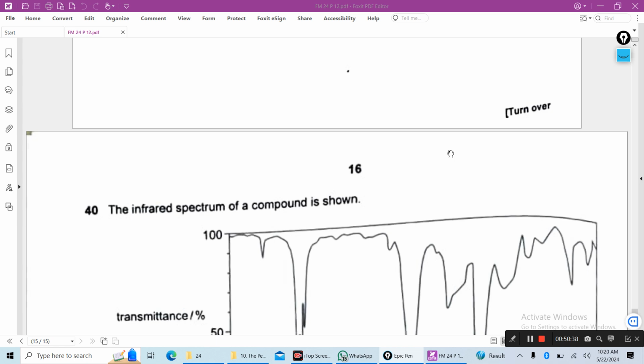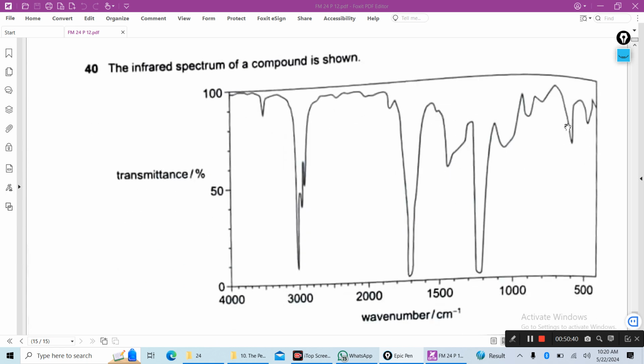Next, this is infrared spectra, 40. The infrared spectra of a compound is shown here. There are C=O group, carbon oxygen double bond group, and OH carboxylic acid group.